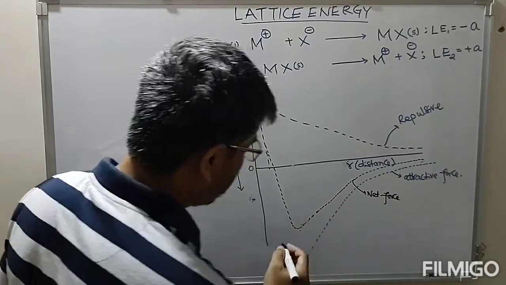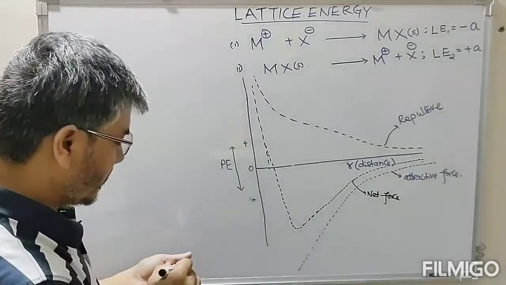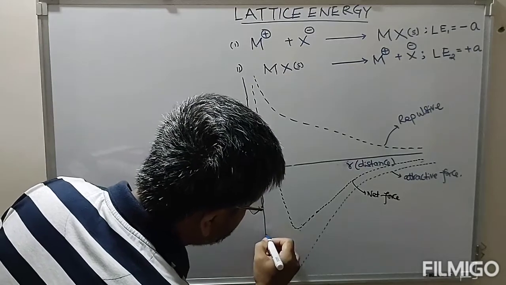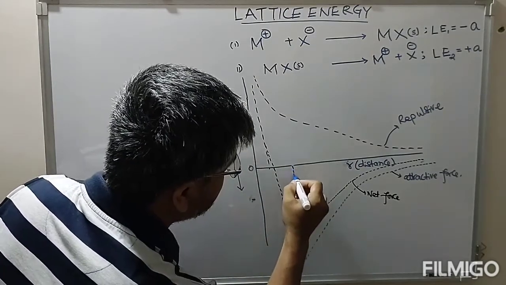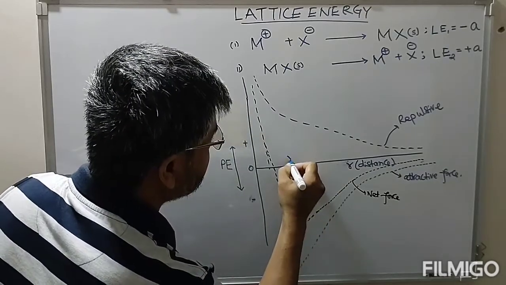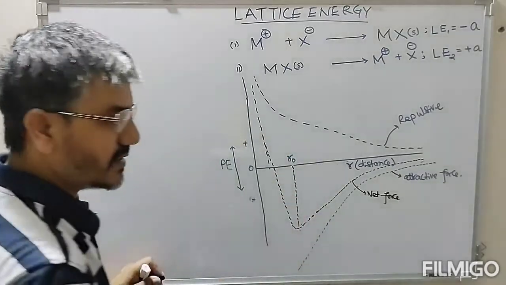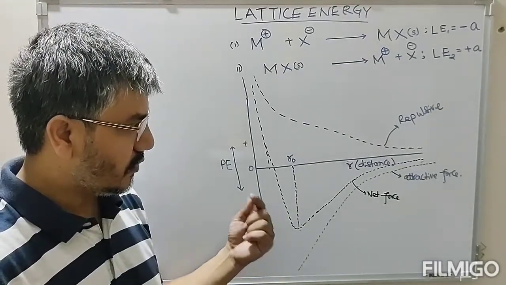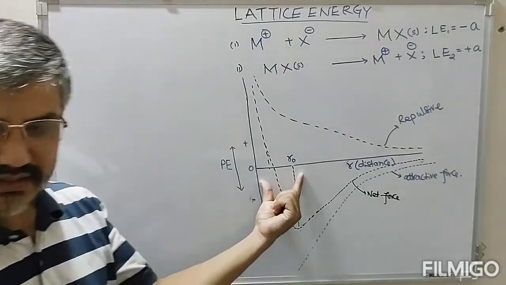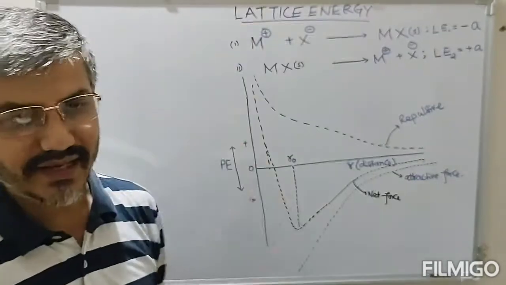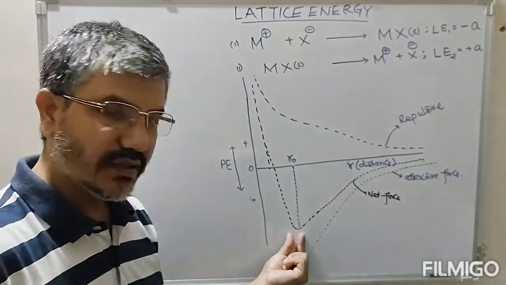This particular point where the potential energy reaches the minimum value, this distance is defined as R0, the equilibrium distance. At this equilibrium distance, the potential energy of the system, that is MX, is minimum.